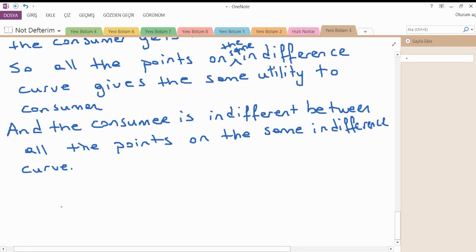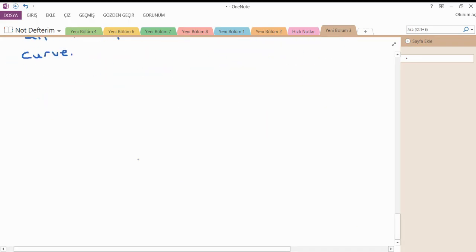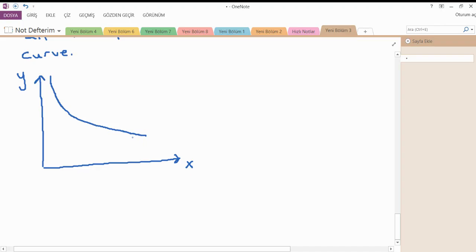So let's draw our indifference curve again on a clean graph, okay? We have the xy plane. This is good x and this is good y, okay? The indifference curve is something like this, okay?